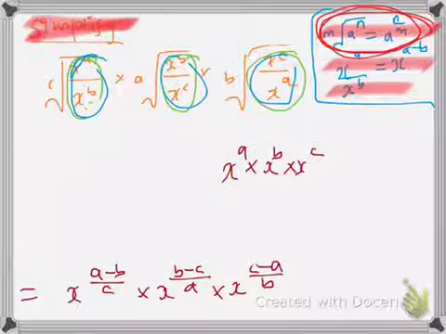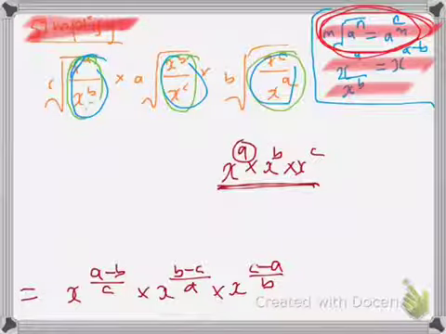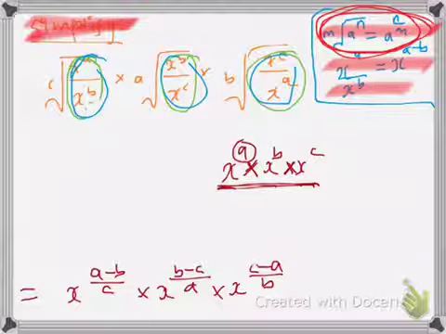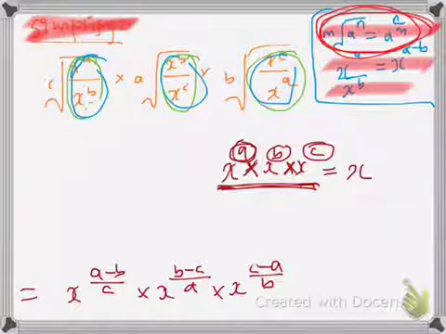Now, one more thing you need to remember here is the base. Here x is the base everywhere and it multiplies, but it has different powers. If the same base having different powers multiplies, then we can write the single base and the powers simply get added.